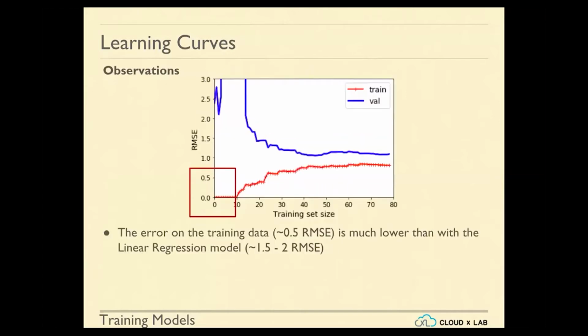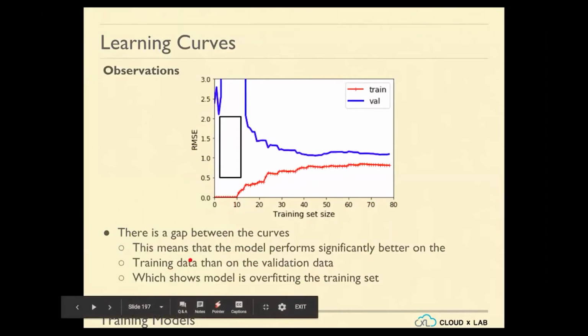All right. So the error on the training data is much lower than with the linear regression model, the one which we saw earlier. Here you can see that the error is actually very low as compared to the linear regression model.